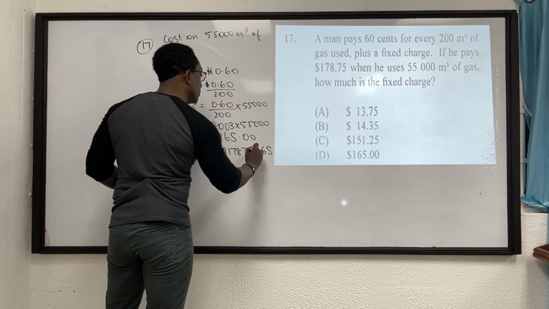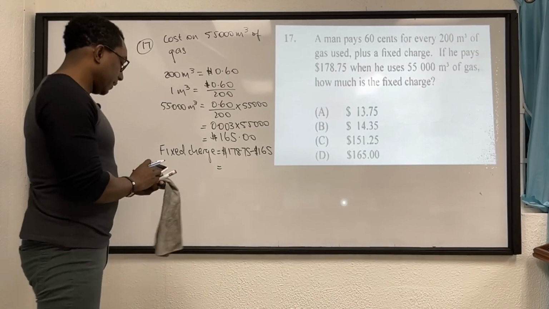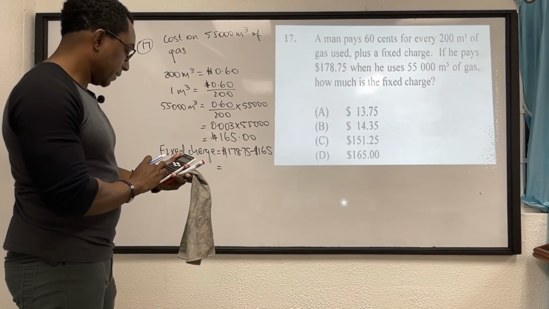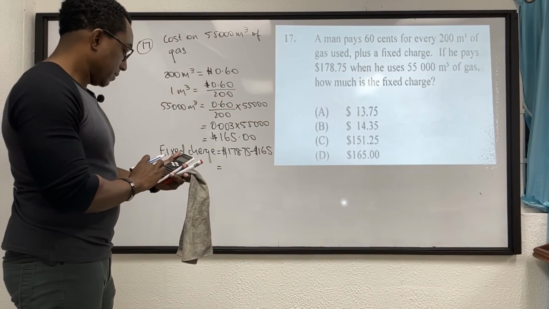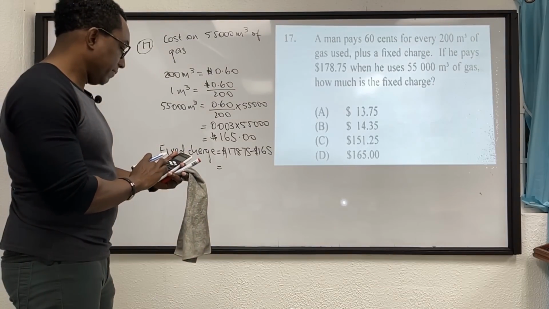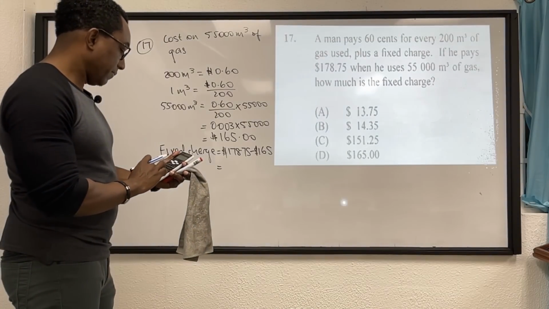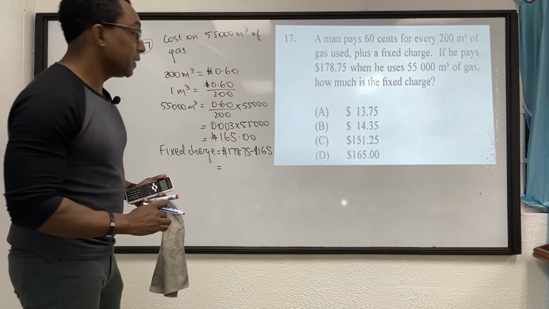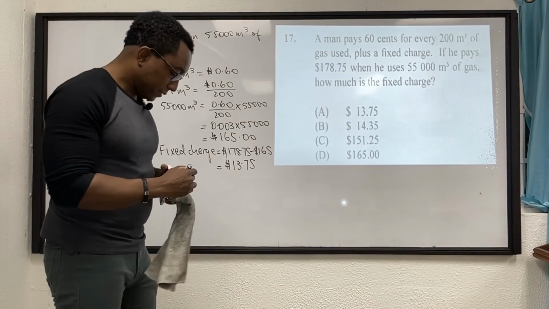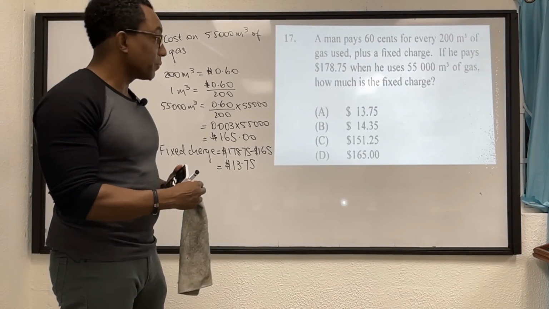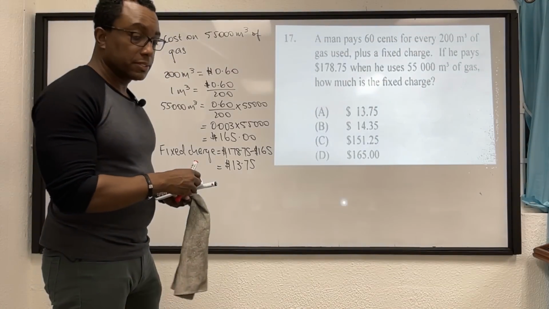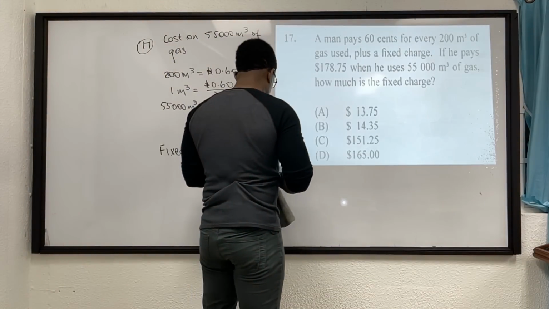And when we subtract those two, $178.75 subtract 165 will give us $13.75. Whose answer is A? Of course, we're not using calculators, right? So we have to make sure we can apply our computational skills to the question. So this answer here will be A.